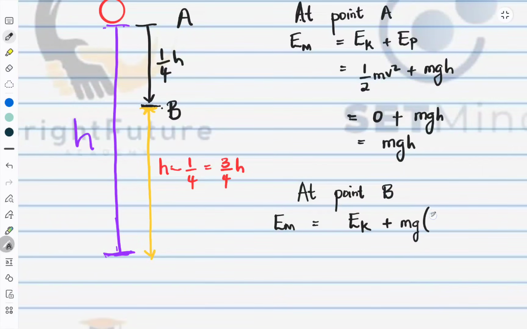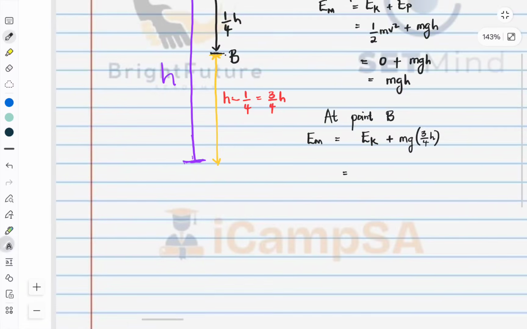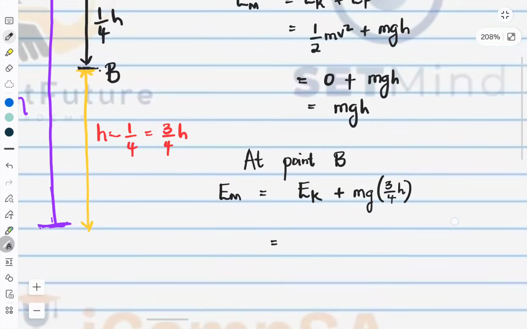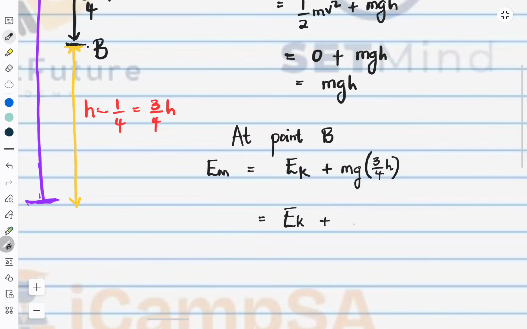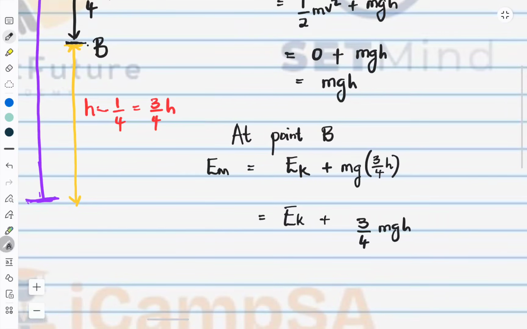Our height now is 3/4 h. I took a stranger route to finding it, but it's fine. So our potential energy at point B will basically be 3/4 mgh.